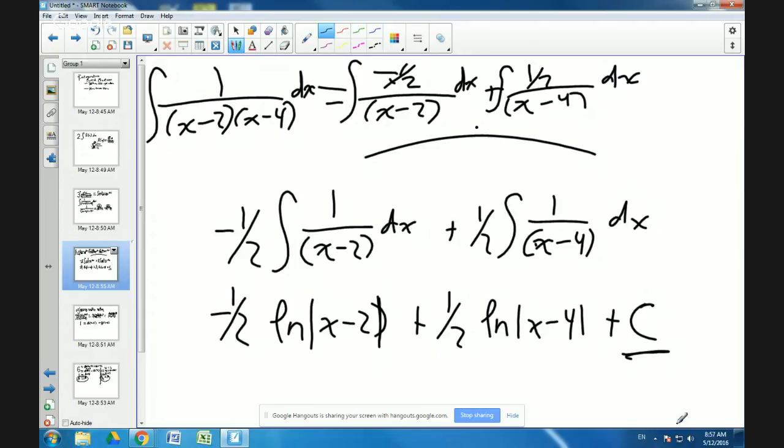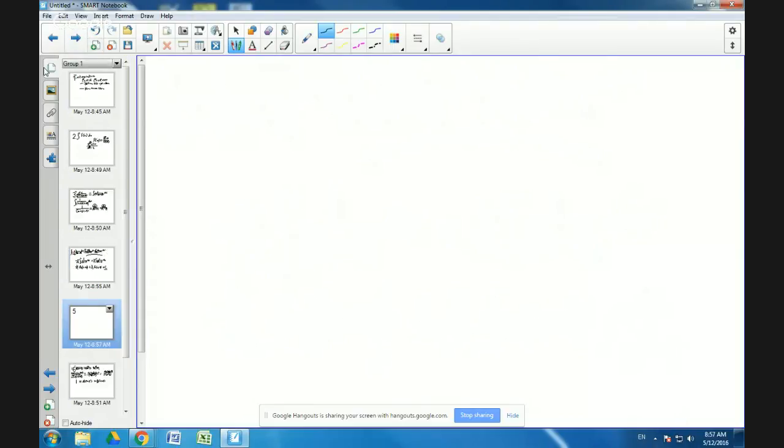Then this can also be simplified down to 1/2 ln of x minus 4 minus 1/2 ln of x minus 2 plus c.